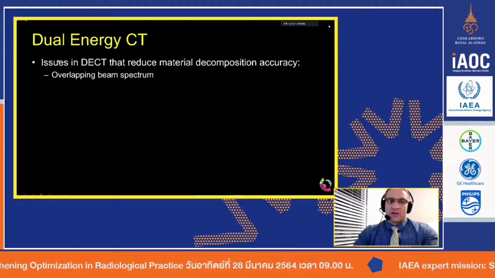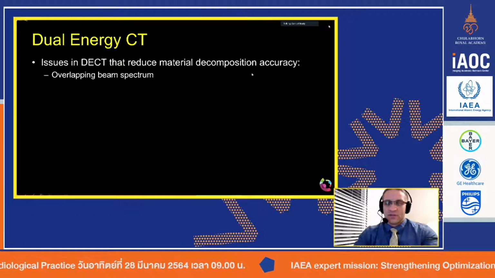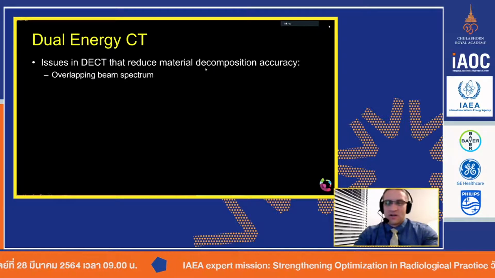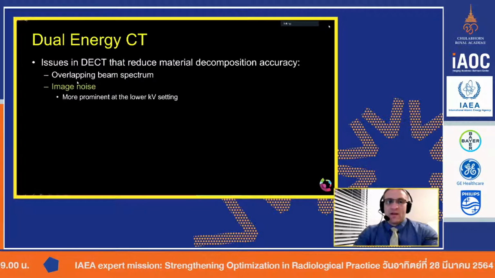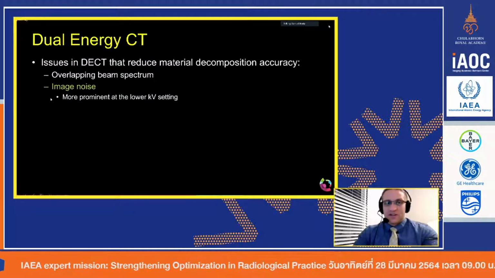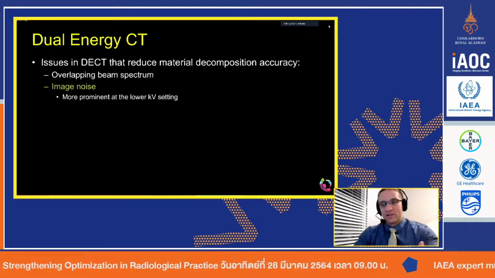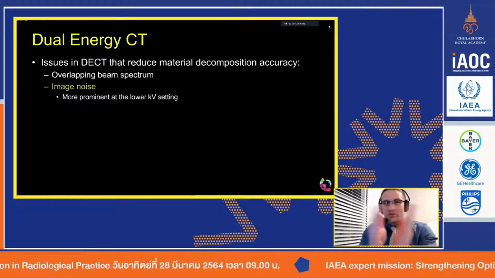All right, so the issues in dual energy CT that reduce material decomposition accuracy, or our ability to identify two distinct materials, are the overlapping beam spectrum and, as I mentioned, image noise. If we don't use enough photons to collect onto our detector, there's going to be some uncertainty.